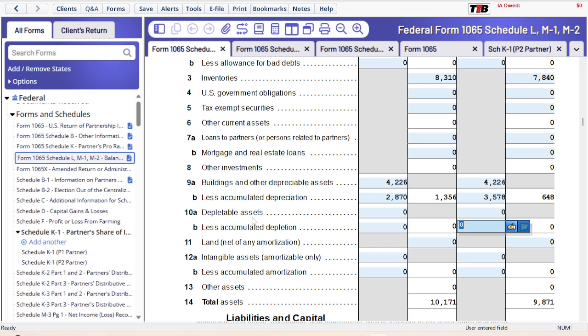So we have depletable assets, we are going to leave it. We have land, net of amortization, we have intangible assets amortizable only, and here we have 37.99 already depreciated, and since we don't have any more, that will be the same, already depreciated, so this area will be blank.